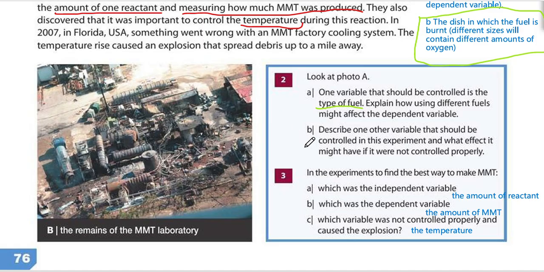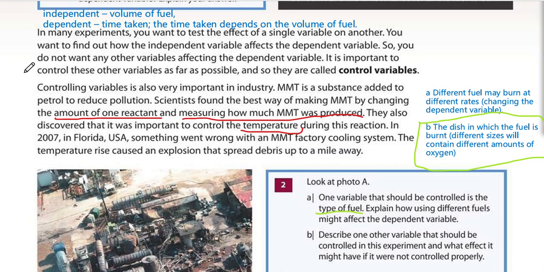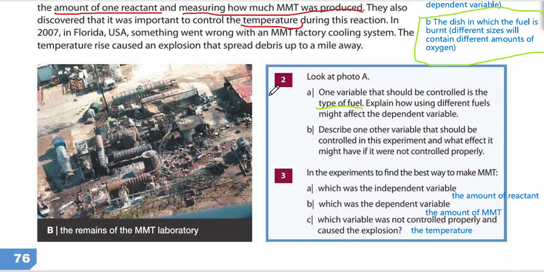In question 3, in the experiments to find the best way to make MMT, now it's referring to the paragraph given here, right? The second paragraph here. So you can go through the paragraph and find out these answers. So you have to find which was the independent variable here.